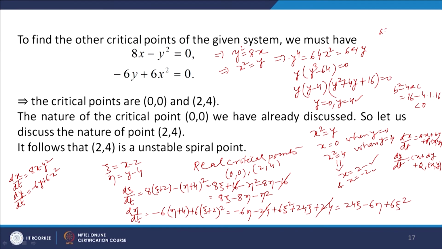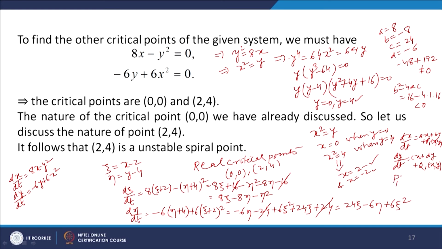Here we have A equal to 8, B equal to minus 8, C is equal to 24 and D is equal to minus 6. So, AD is minus 48, AD minus BC will be minus 48 plus 24 into 8. So, that will be 192. So, this is not 0.